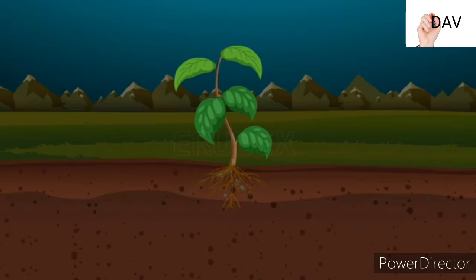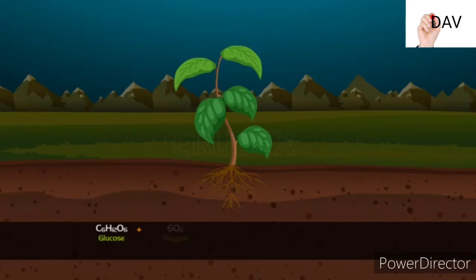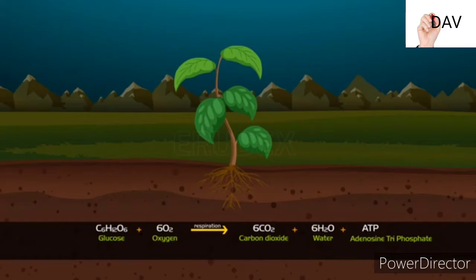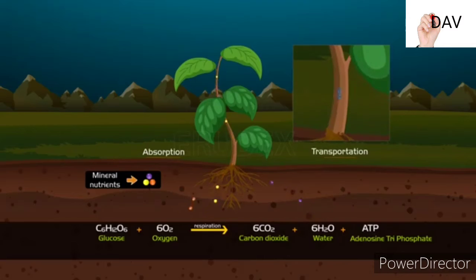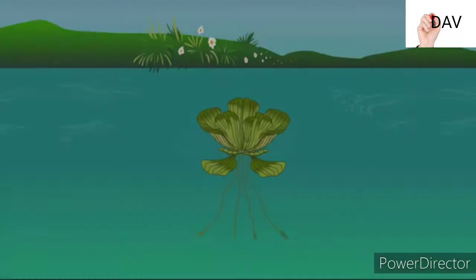At the same time they will diffuse carbon dioxide molecules out and take the oxygen molecules into the plant. These oxygen molecules will break the bonds of glucose and make it into two pyruvates, and here the energy is released in the form of ATP, that is adenosine triphosphate.